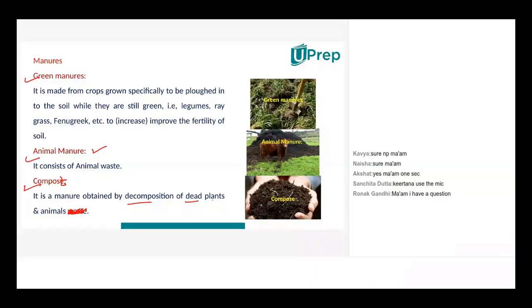Correct. Very good. So as Ronak also said, most of the times in green manures, what happens is that ray grasses, fenugreek, right, and legumes are actually grown in that land. As I said, whichever plants take 30 to 40 days to grow, they would allow those kinds of plants to grow. Many a times, if it is ray grasses, they don't even bother to harvest.